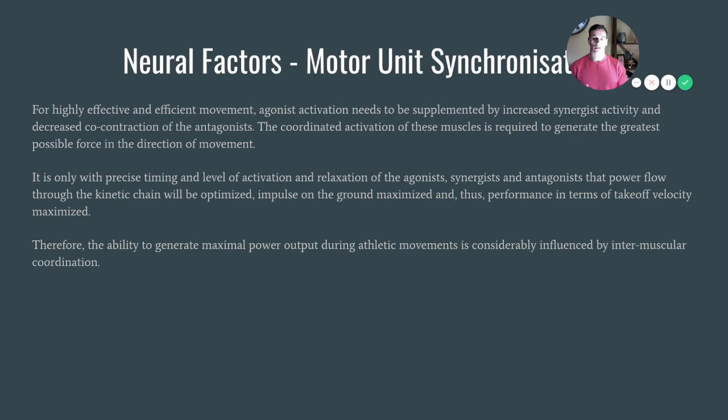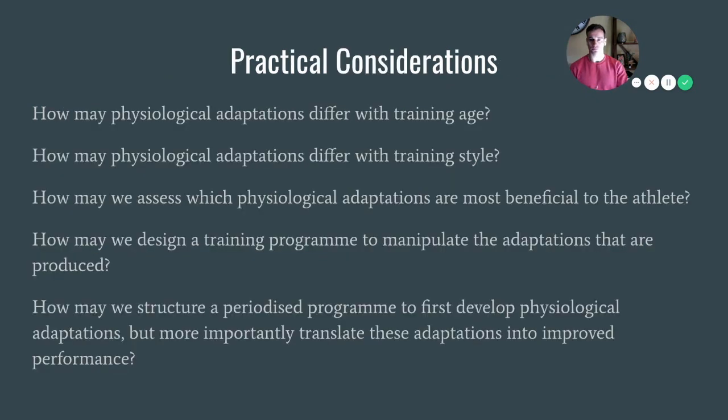The ability to generate that maximal power is considerably influenced by intermuscular coordination, which comes through training, through developing athletes, through strength and conditioning, and engaging muscle groups similar to how they're going to be used in sport to help develop that synchronization.